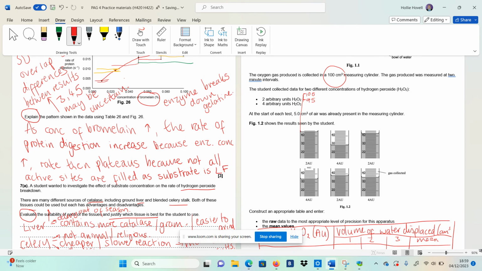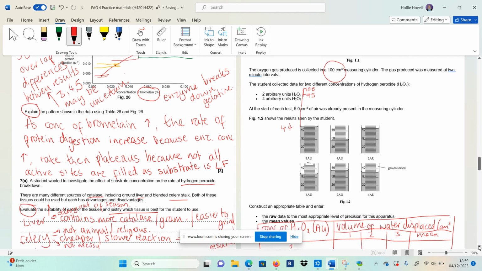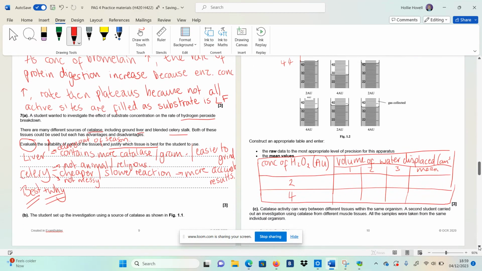So if it started at 95 and it went down to here, so that looks like it's got 10 little lines in between. So 40, 41, 42, 43. That looks like it's on 44, doesn't it? So what's the difference between 44 and 95 is basically what you need to work out. So that's 51. So each time you need to work out the difference between where the level is at now and 95. So the first one I'd say is at 51.